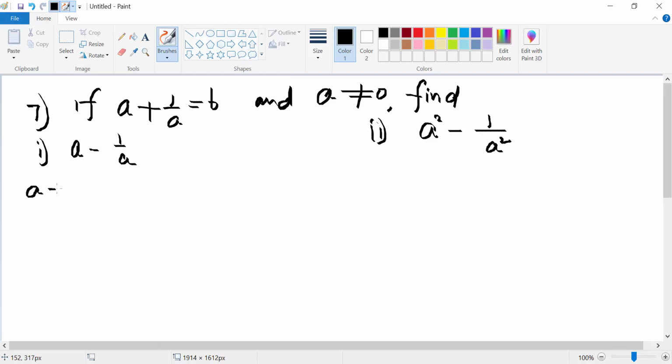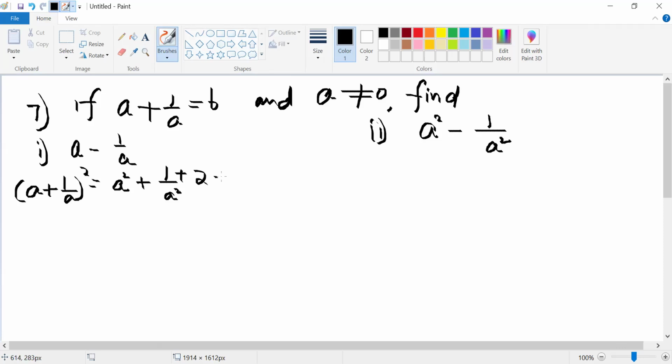Now we know that a plus 1 by a whole square is a square plus 1 by a square plus 2. And a minus 1 by a whole square will be a square plus 1 by a square minus 2. So to make this plus 2 into minus 2, we just have to subtract 4, right?